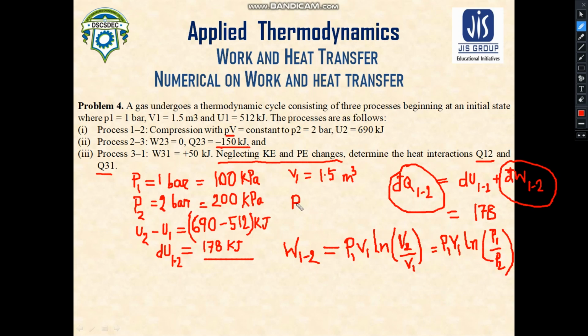Since P1 V1 is equal to P2 V2 for this process, as PV is equal to constant, as already given in the problem, V2 by V1 will obviously be equal to P1 by P2.